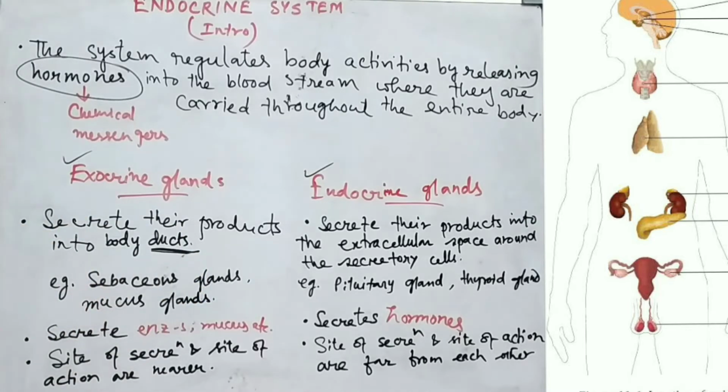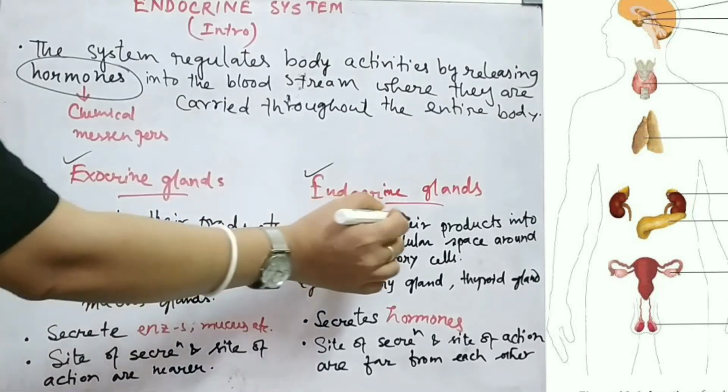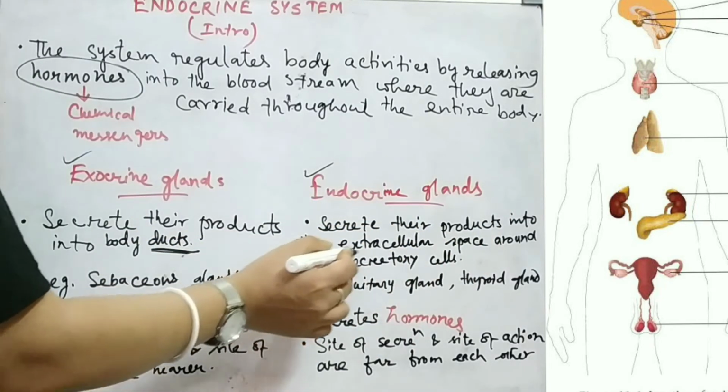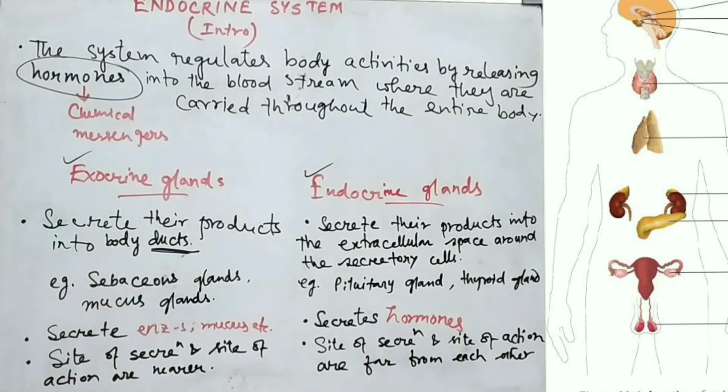Whereas in the endocrine glands, we cannot find any duct, so they secrete their products into the extracellular space around the secretory cells, or directly into the tissue fluid and blood.